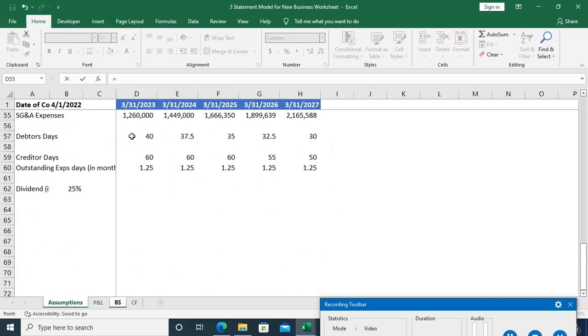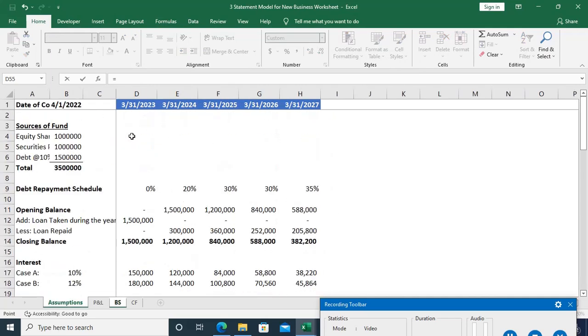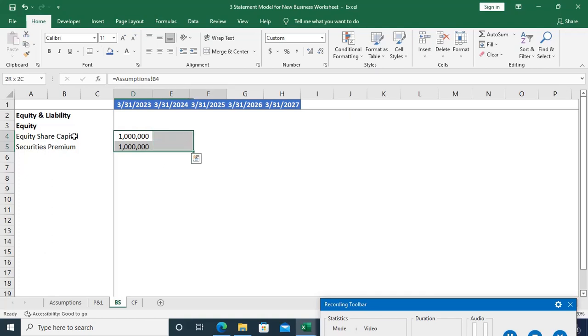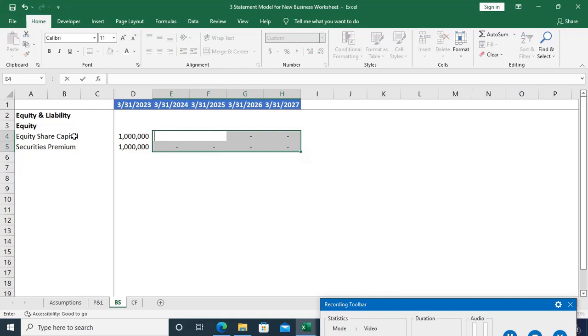Control page up. So we did this thing here itself. Equity share capital, and we can put this thing, securities premium, and control R. We can do it not like that. It should be done in a manner.